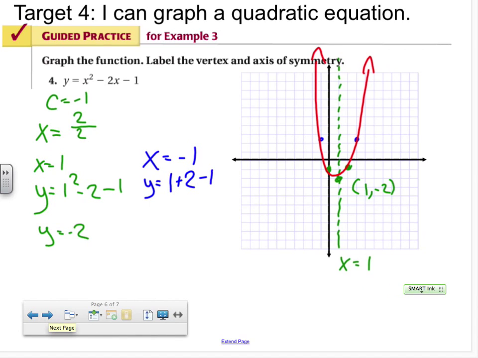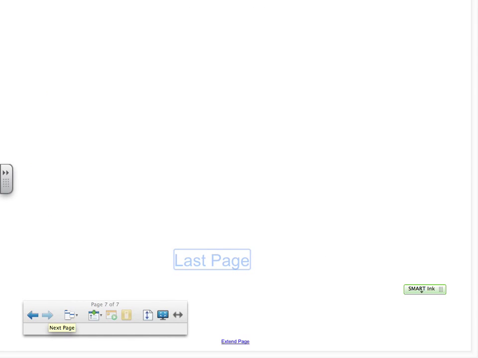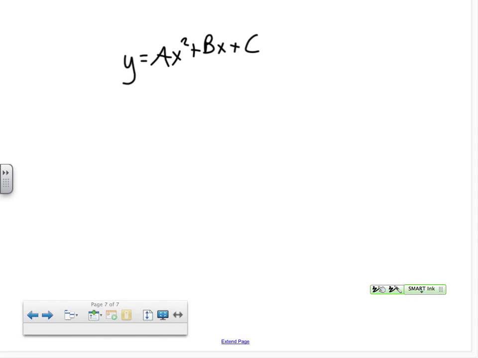So in conclusion, standard form is y equals ax squared plus bx plus c. Our y-intercept, we can tell just by looking at it, is 0, c. A will tell us whether it opens up or down, how wide or narrow it is.